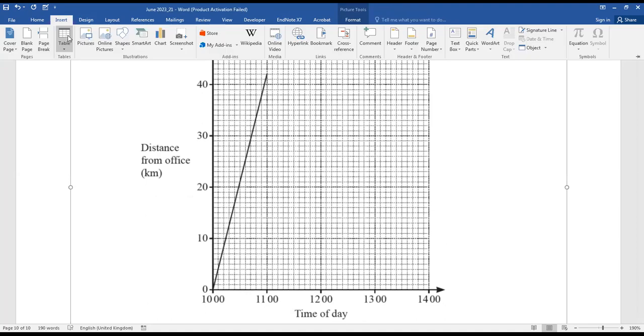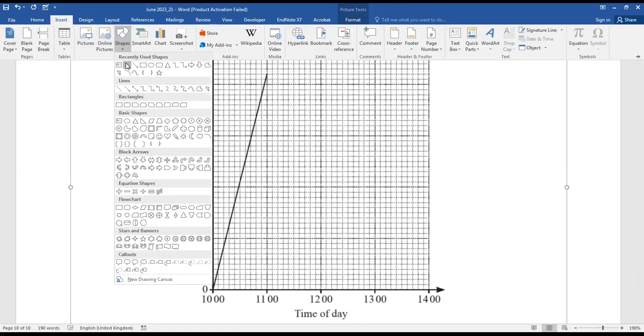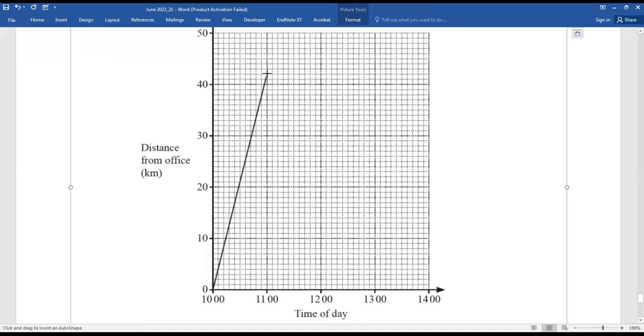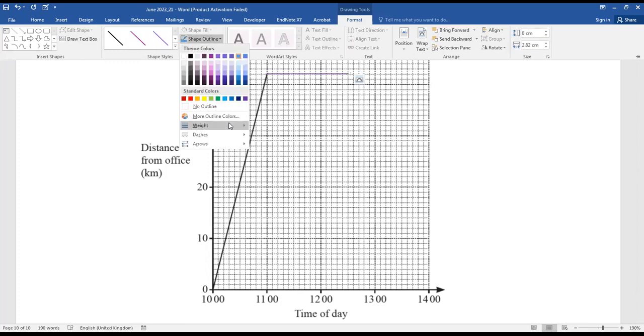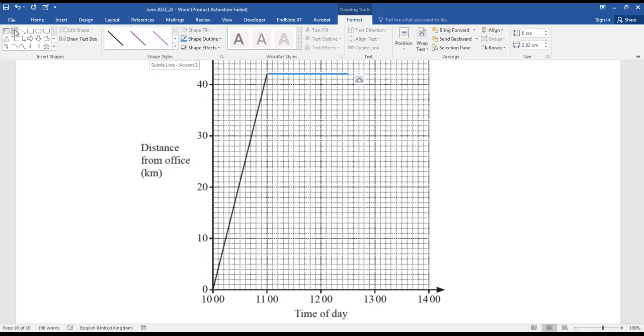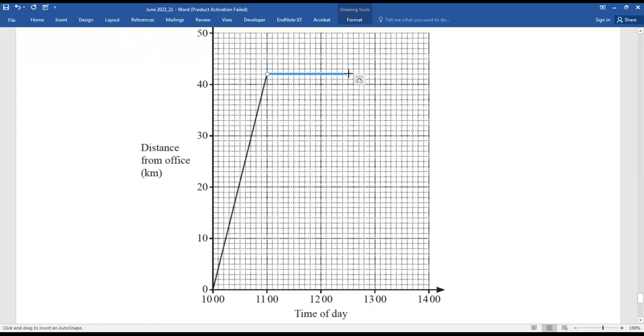So she stays there for 1.5 hours. So 1 complete hour, then 5 blocks: 1, 2, 3, 4, and then 5. That is how long she stays there for. And then she returns in 50 minutes.